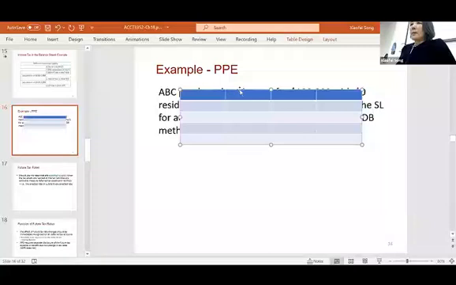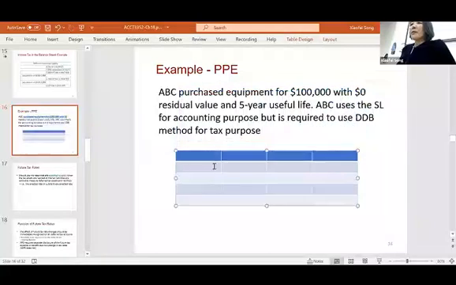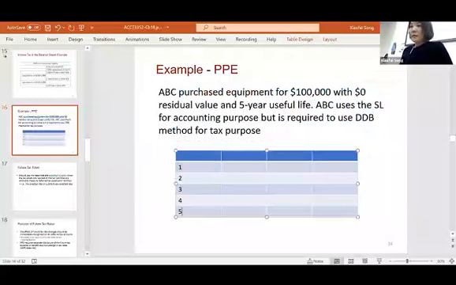So for year 1, 2, 3, 4, let's get all 5 years. Depreciation would be 20,000 each year.